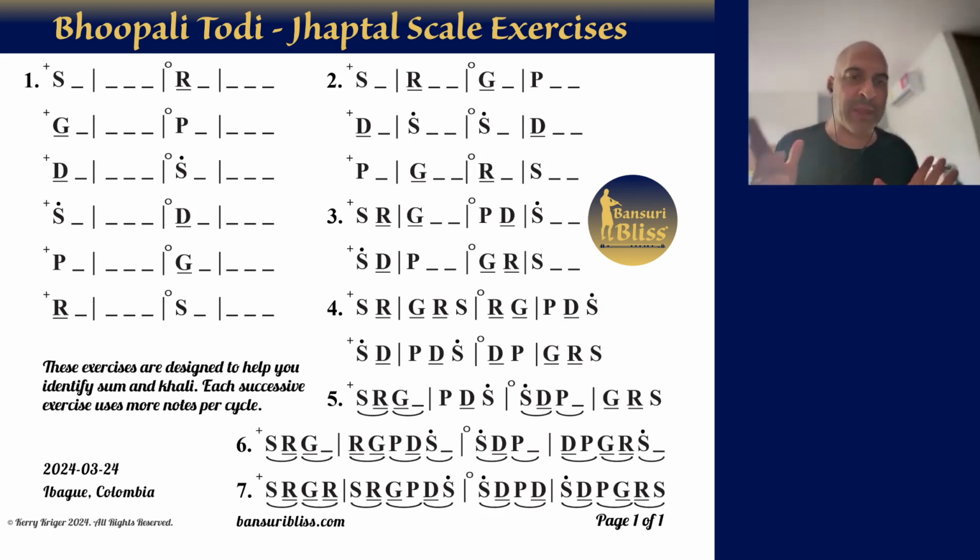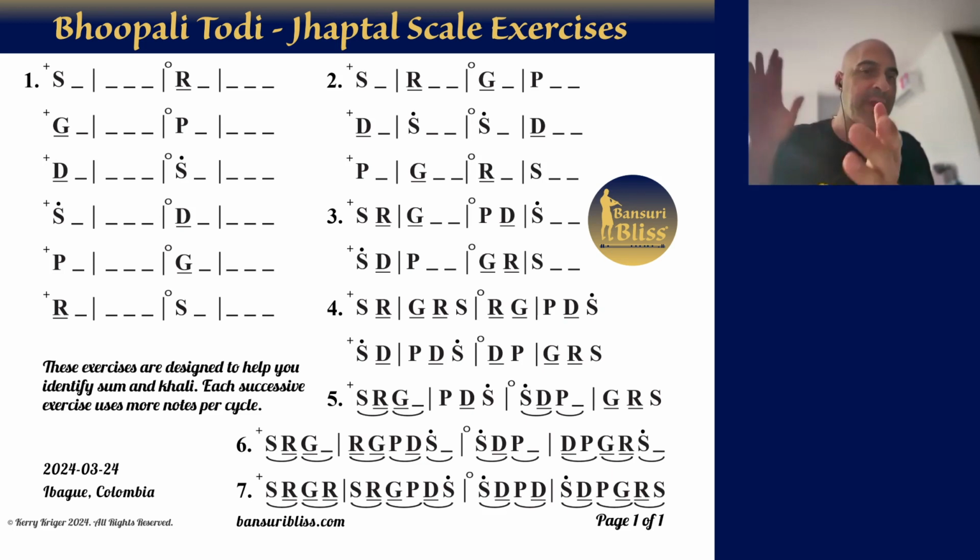If you can do that on repeat, then eventually you're going to hear where, oh, that's sum. And if you don't remember, just hit your tabla on and start counting right then, and you'll know where sum is. Sum, 2, 1, 2, 3.